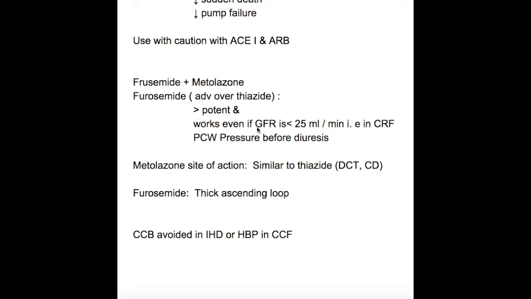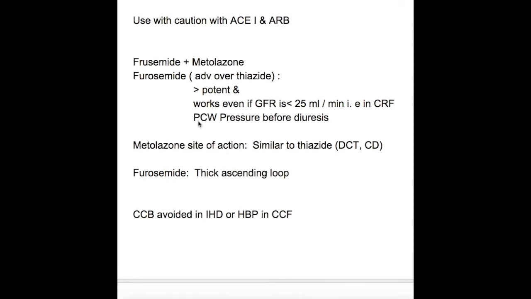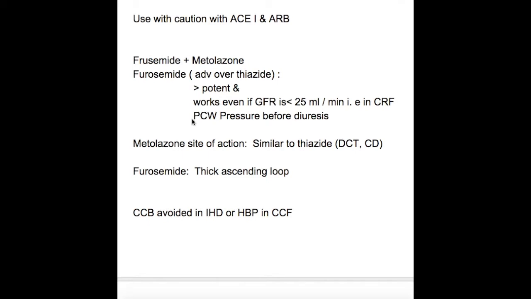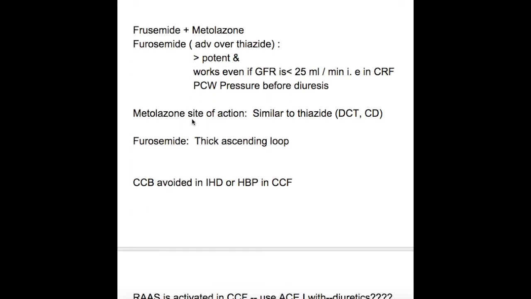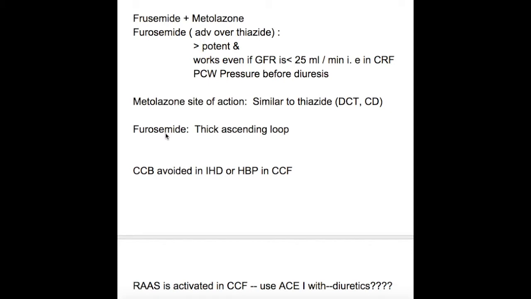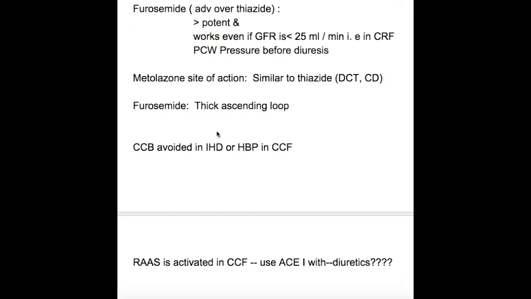That is, it can be used in renal failure. Also, it decreases the pulmonary capillary wedge pressure so quickly that it does so before it causes diuresis. That is why it is very effective in pulmonary edema of acute heart failure. So where does furosemide act? It acts in the thick ascending limb of the loop of Henle.